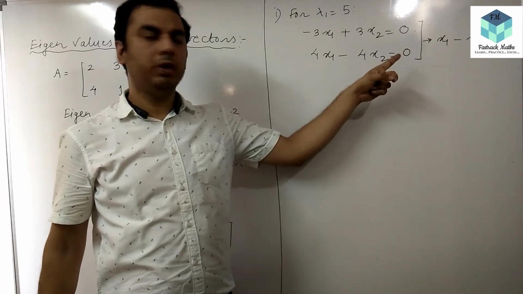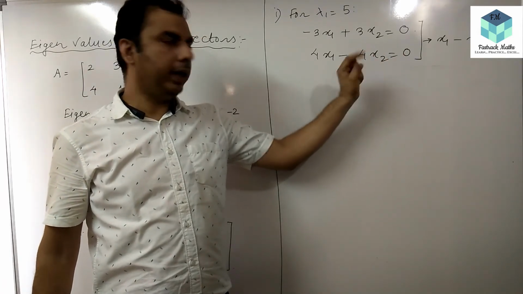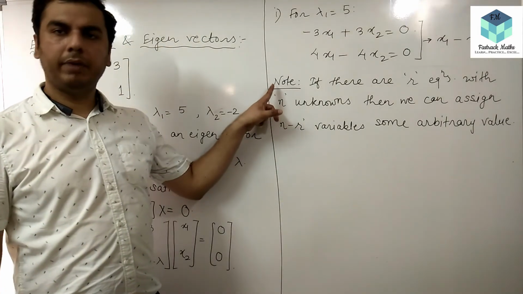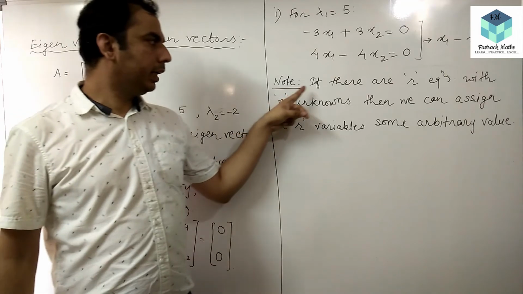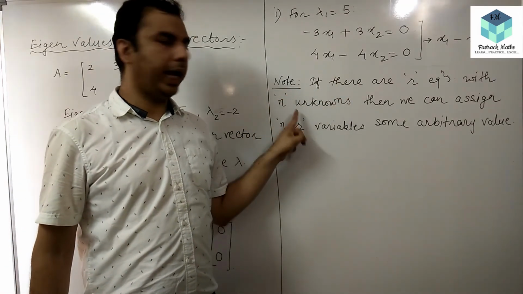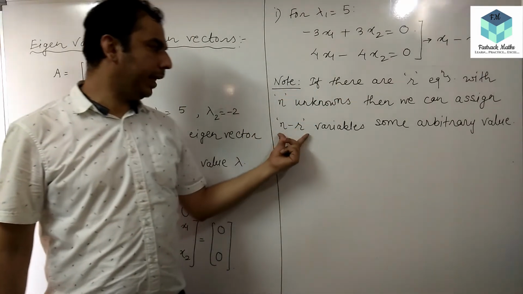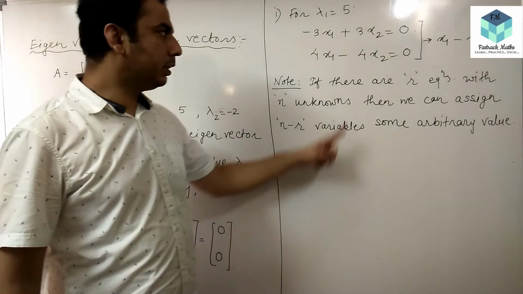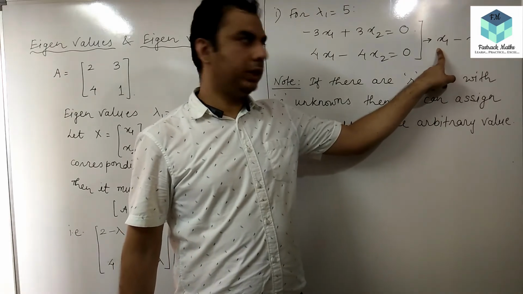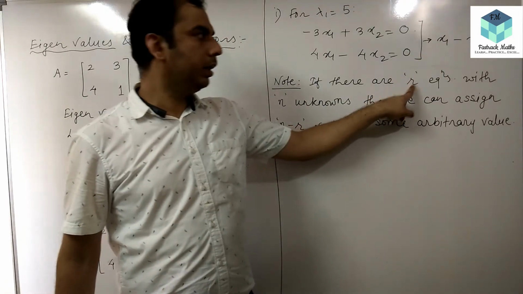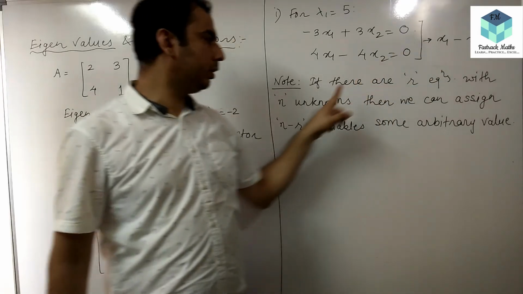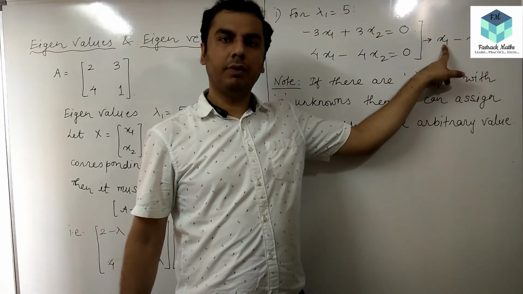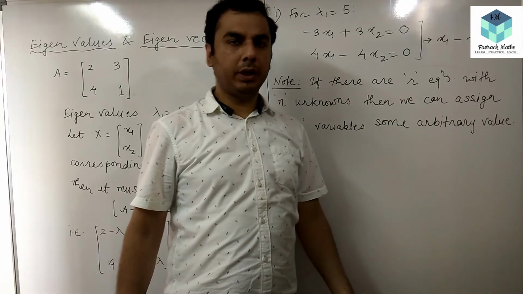That means now we have two unknowns and only one equation. Then we have a very important note here: if there are r equations with n unknowns, then we can assign n minus r variables equal to some arbitrary value. Here we have one equation, so r is 1, and two unknowns, so we can assign 2 minus 1, which is 1 variable, equal to some arbitrary value.